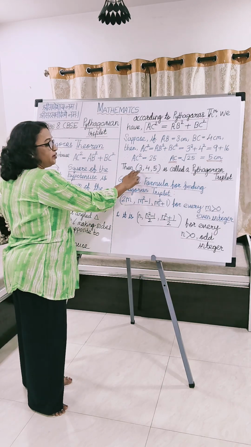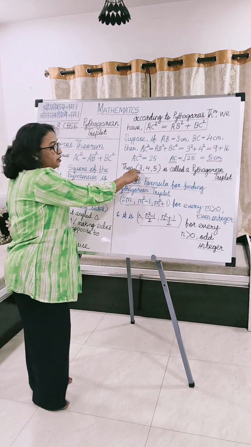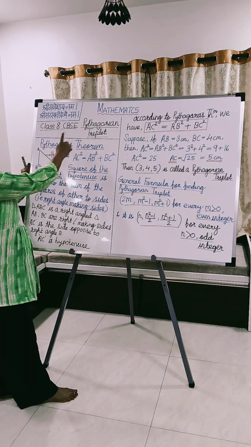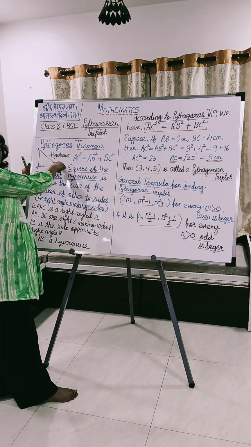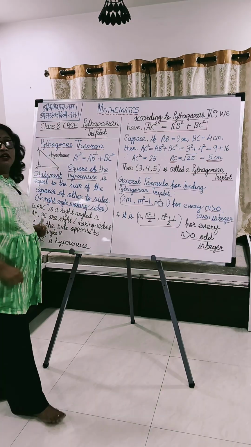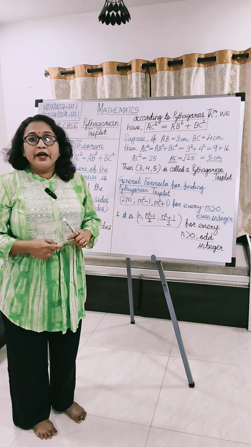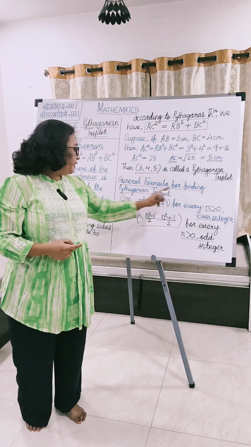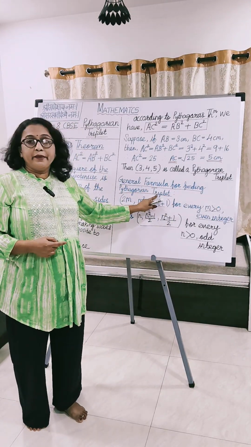In this case, 3 is your shortest side and 5 is your longest side, which is the hypotenuse of the right angle triangle.